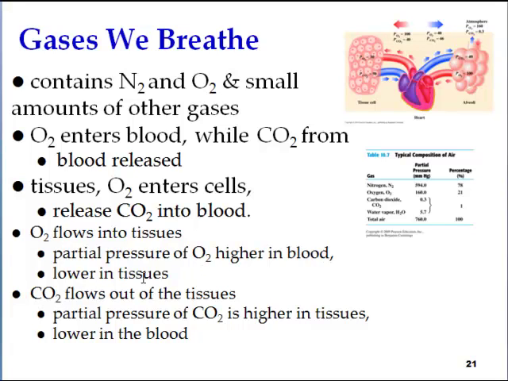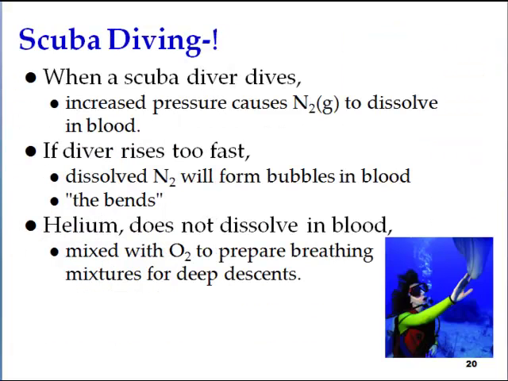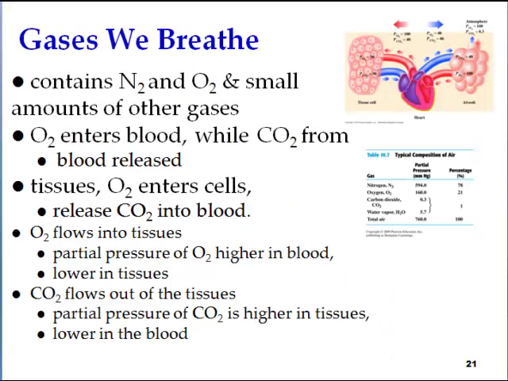However, carbon dioxide will flow out of the tissues because the partial pressure of carbon dioxide is higher in tissues, because that's where it's being given off after respiration, and it'll be lower in the blood. These two are just examples of everyday life where you're applying the different gas laws.